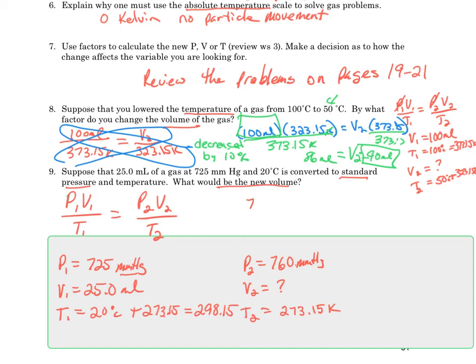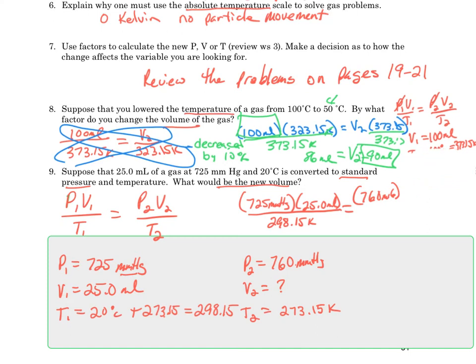So it's 725 times my volume over my temperature in Kelvin is equal to, just going to erase that part up here a little bit so I have my room.